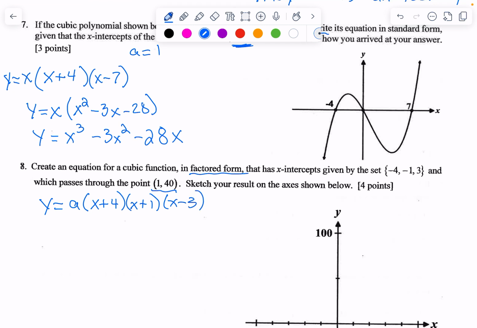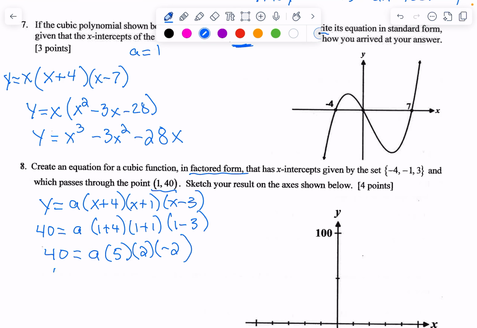So we're just going to plug this point in. So we have 40 is equal to a times 1 plus 4, 1 plus 1, and 1 minus 3. Okay, so we get 40 is equal to a, 5 times 2 times negative 2.